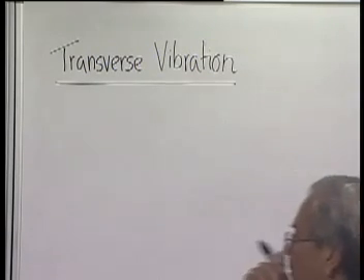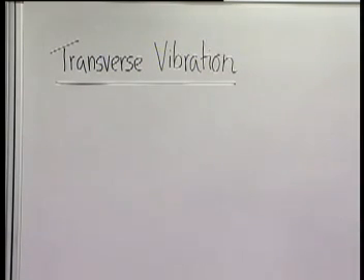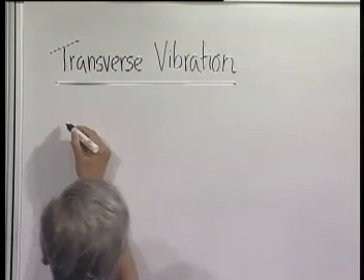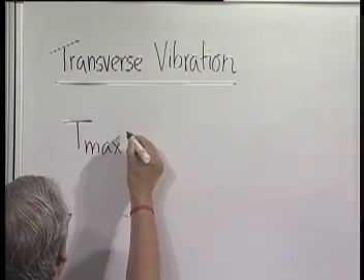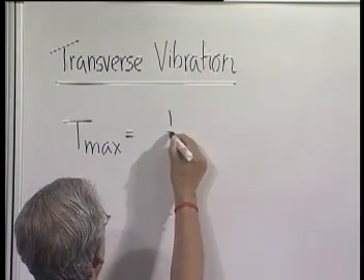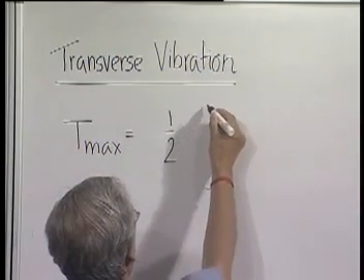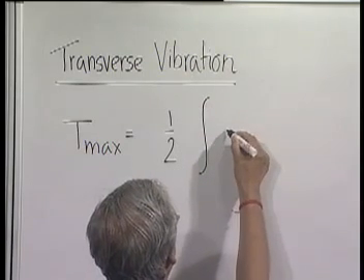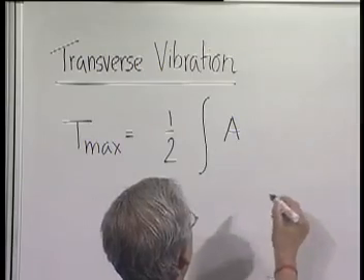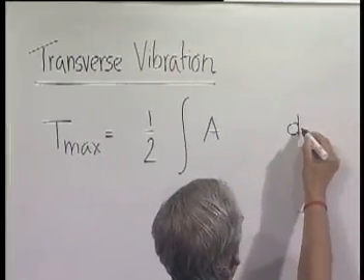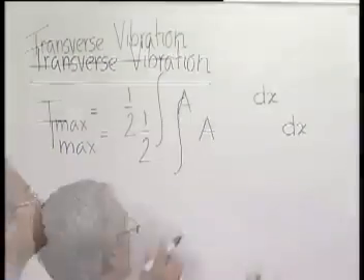Now, in case of transverse vibration, the kinetic energy expression at the peak value will be same. That means an element we take and the element mass is given by its volume, that is A into dx, that is the length of the element.